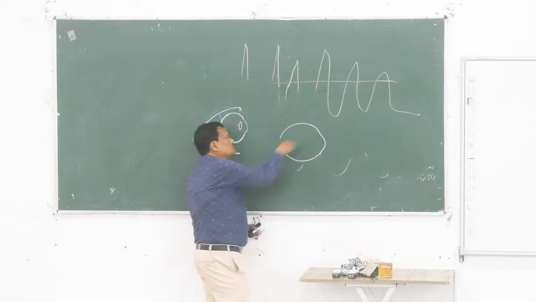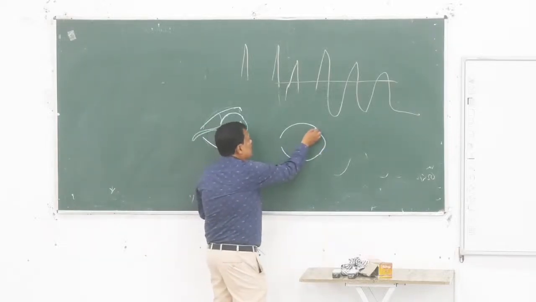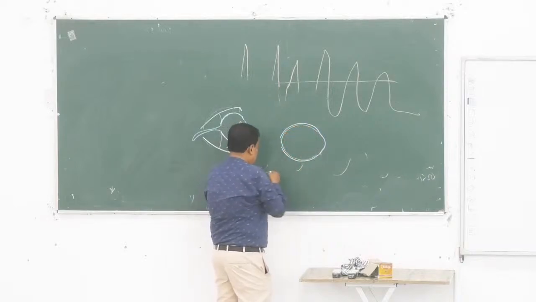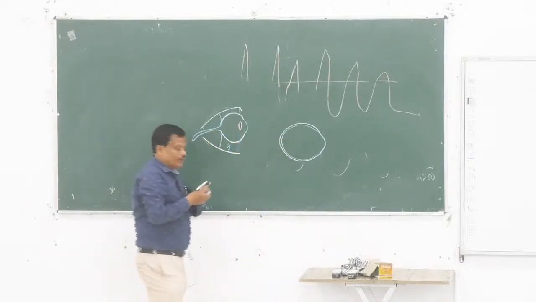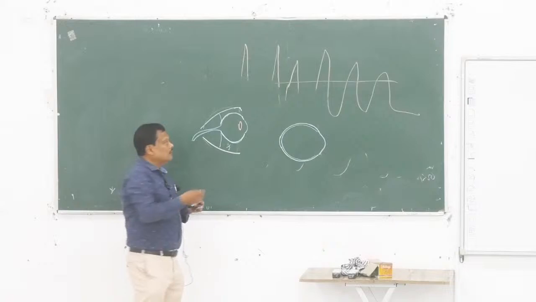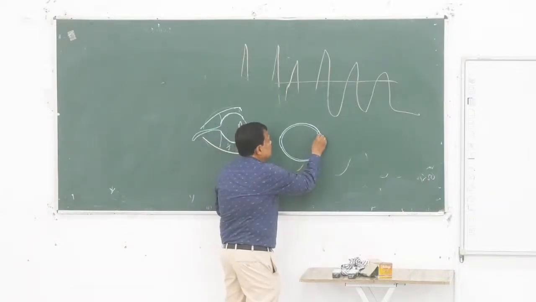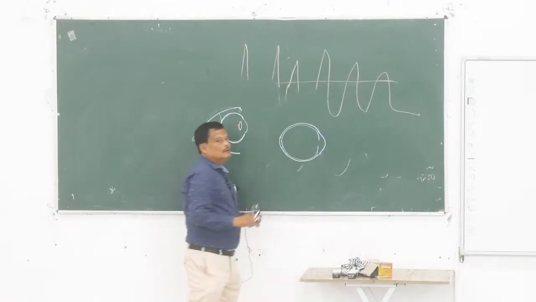and curvature is not the same. Inner coat is black, and we call it choroid. Choroid is anteriorly continuous with the ciliary process, then the iris, the color of the eye.